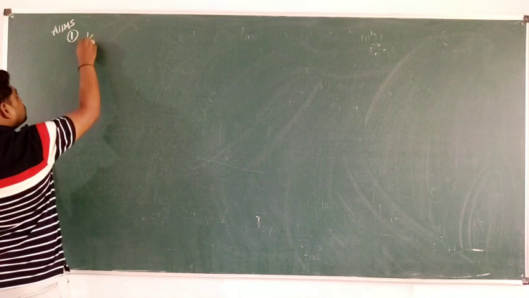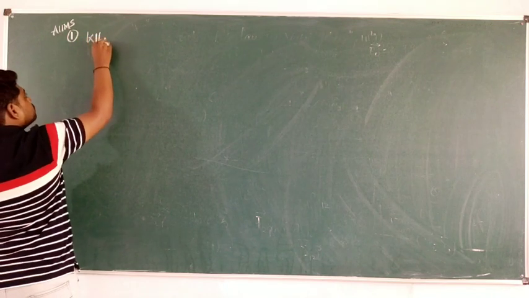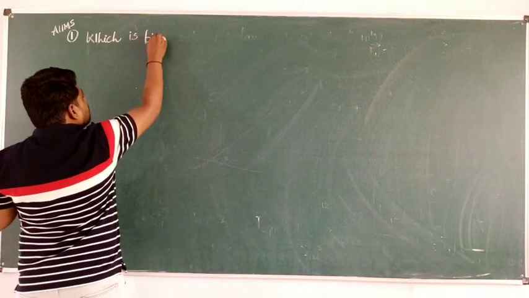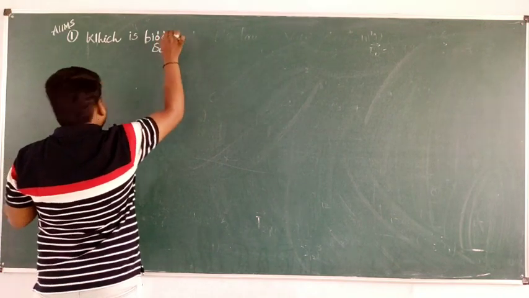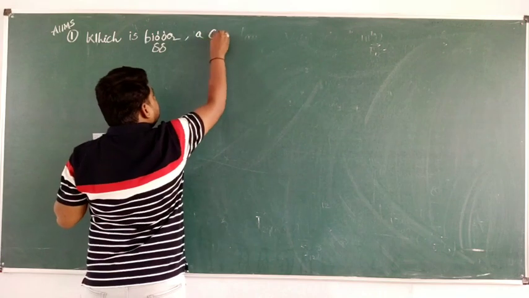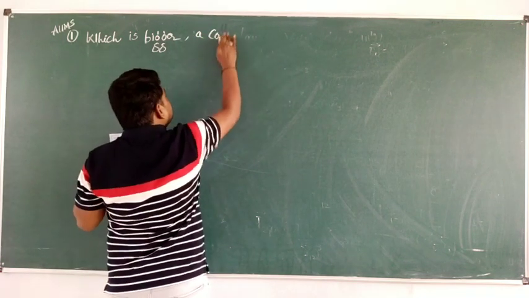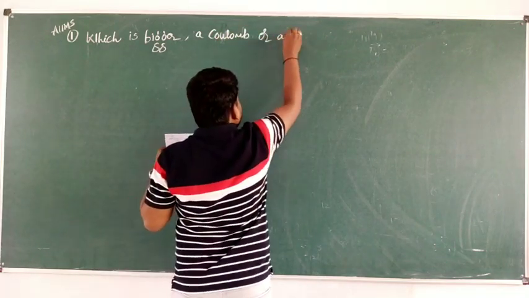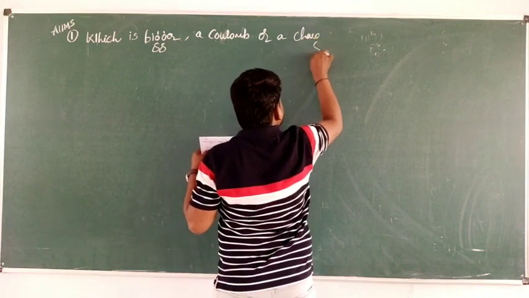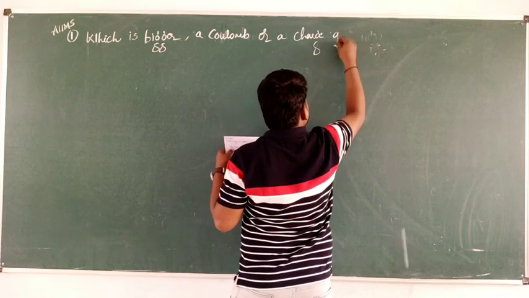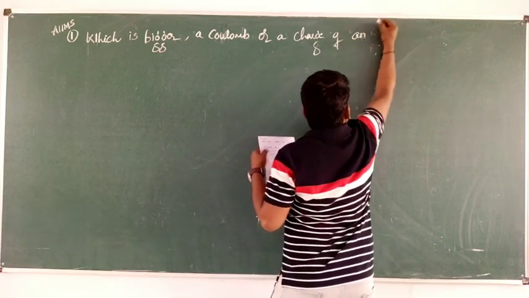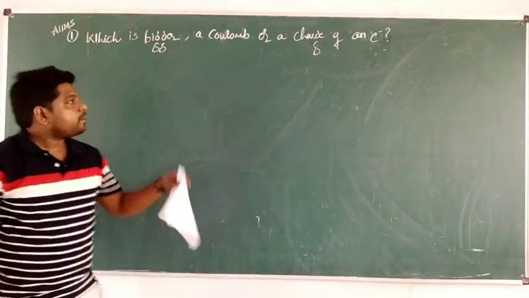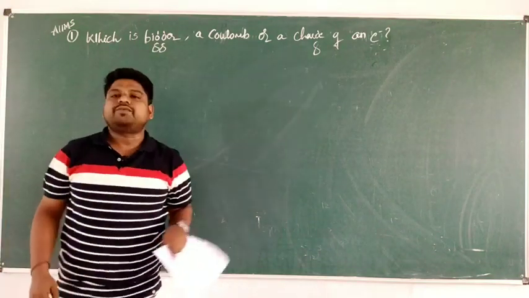The question goes like this: which is bigger, a Coulomb or the charge of an electron?